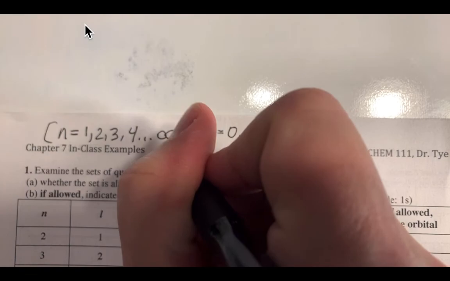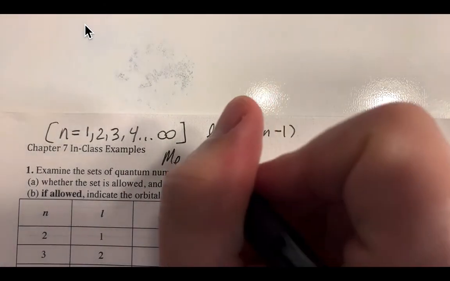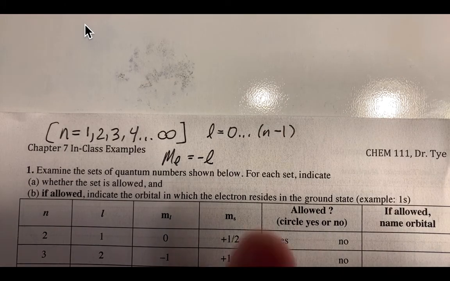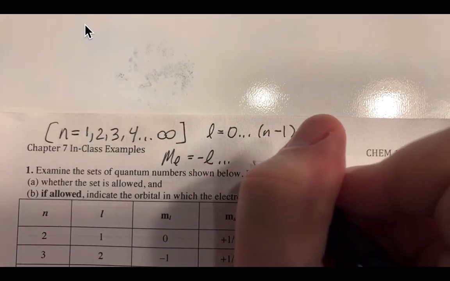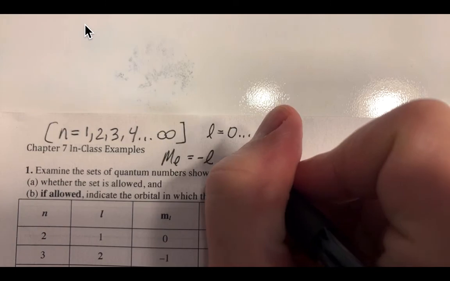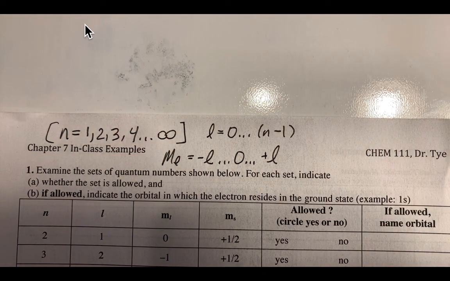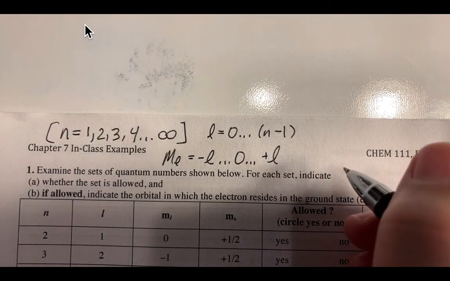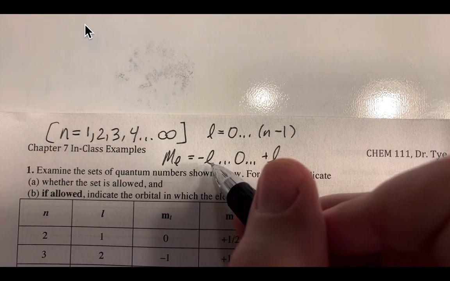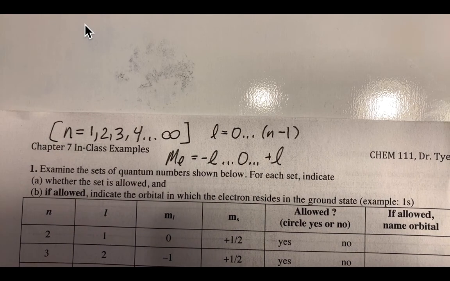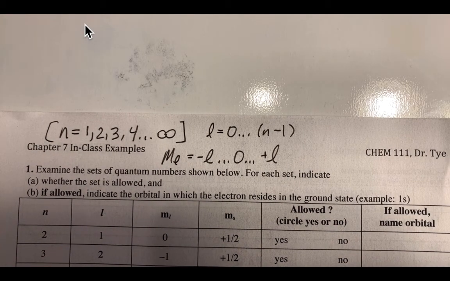And we have this other quantum number, m sub L. It has values from whatever L was, from minus L through 0 to plus L. Again, only integer values. And so, for example, if we had an L value here of 3, we would have minus 3, minus 2, minus 1, 0, plus 1, plus 2, plus 3.